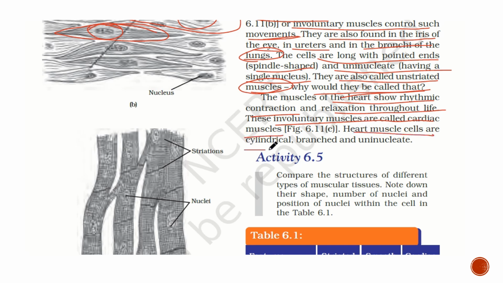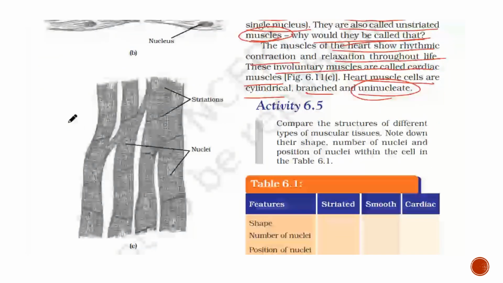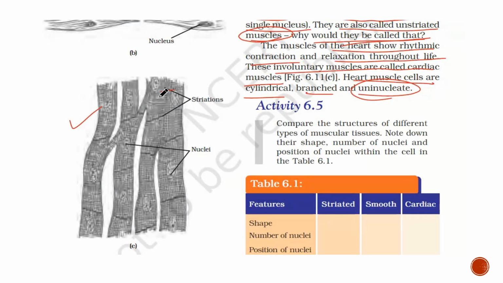The heart muscle cells are cylindrical, branched, and uninucleate, and they have striations. You can see light and dark bands over here. Is it clear to all of you?